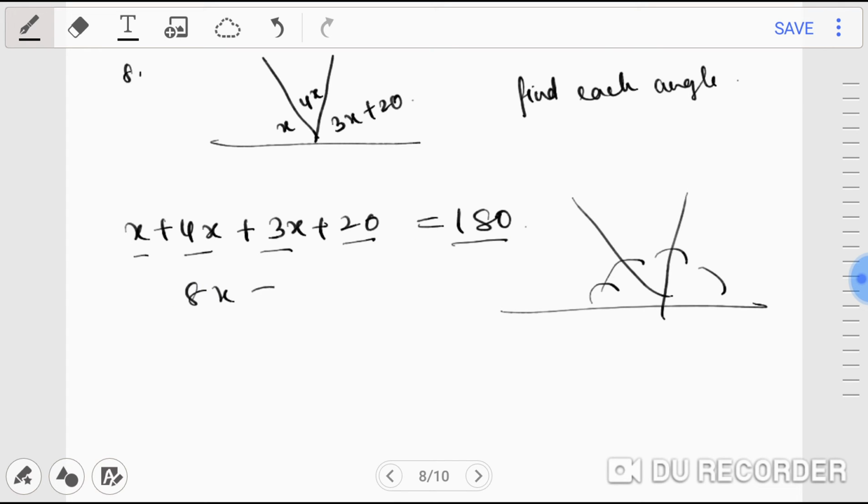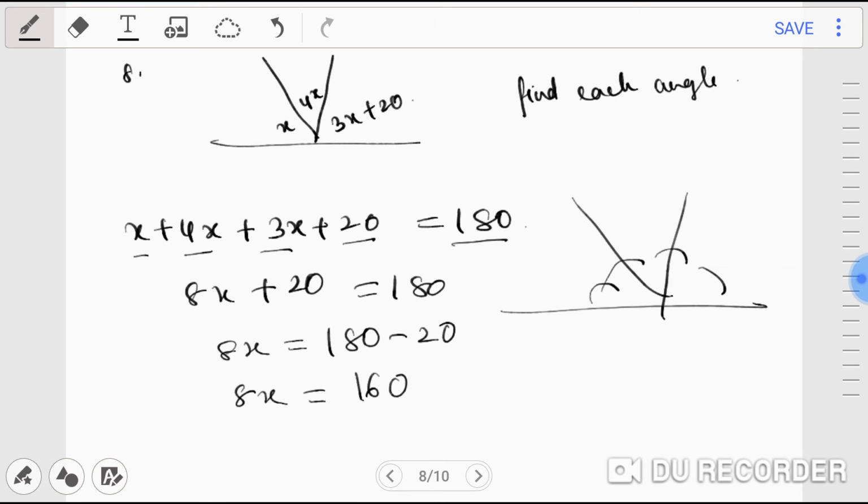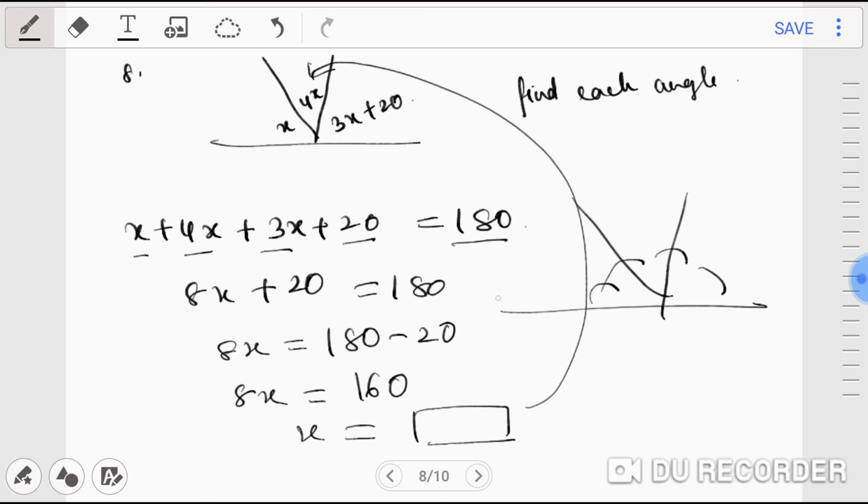That will make 8x plus 20 is equal to 180. Keep 8x here, take 20 to that side, so that will be 8x is equal to 160. From here you will get the value of x. You have to put the value of x in these angles and find their degrees.